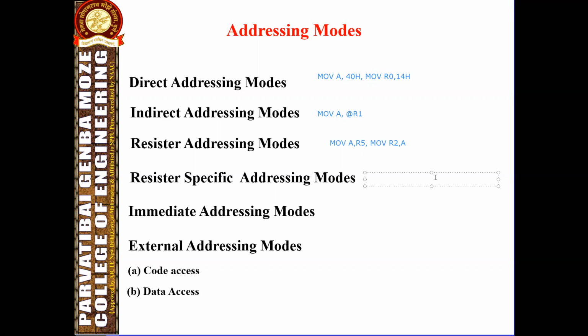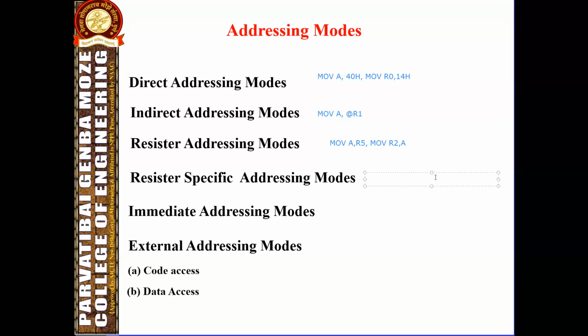The hash sign indicates that the data followed is an immediate operand. So the source operand is a constant here, and the immediate data must be preceded by a hash sign. This addressing mode can be used to load information into any register, including the data pointer register.